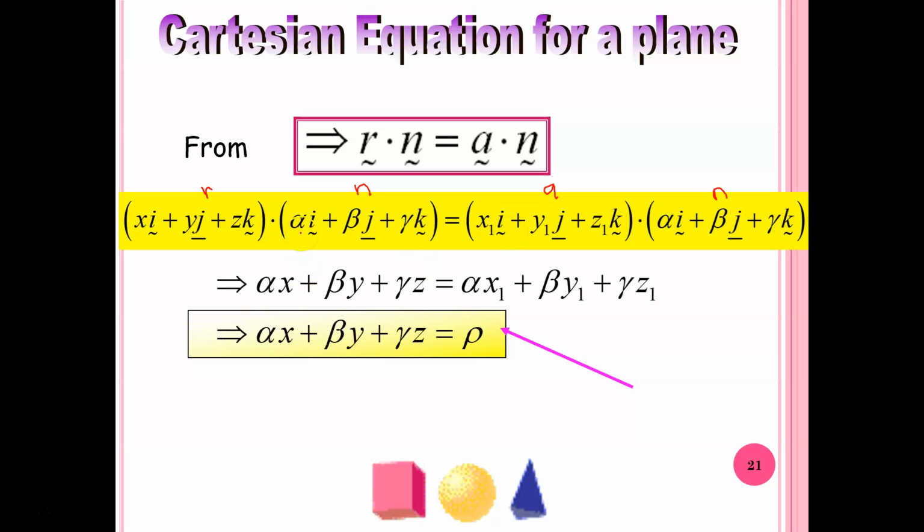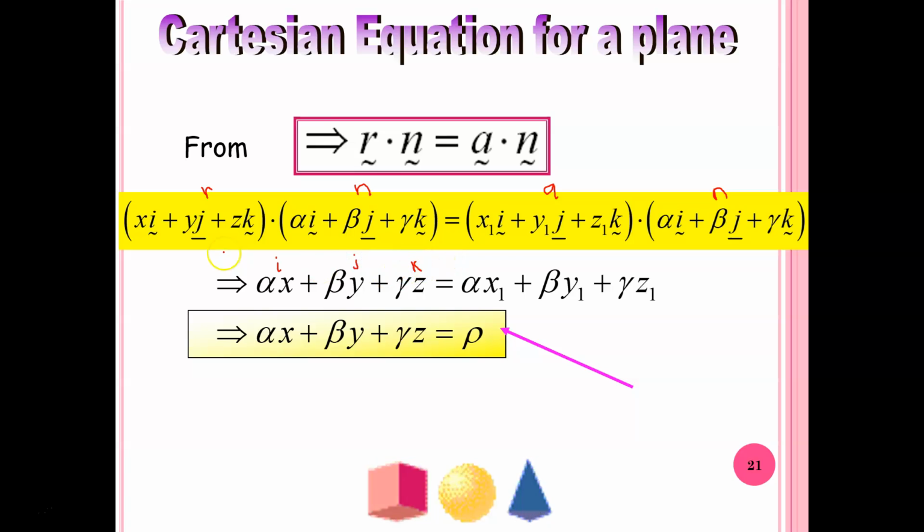So what happen next is you kena apa ni? You kena kembangkan dia. So you have alpha X plus beta Y plus gamma Z equal to, you kembangkan yang sebelah sini. Kembangkan sebelah sini. Alpha X, ini untuk sebutan I, this is untuk sebutan J, this is sebutan K. Okay?